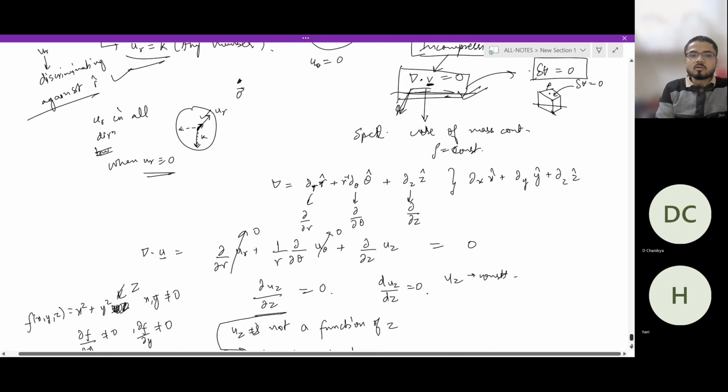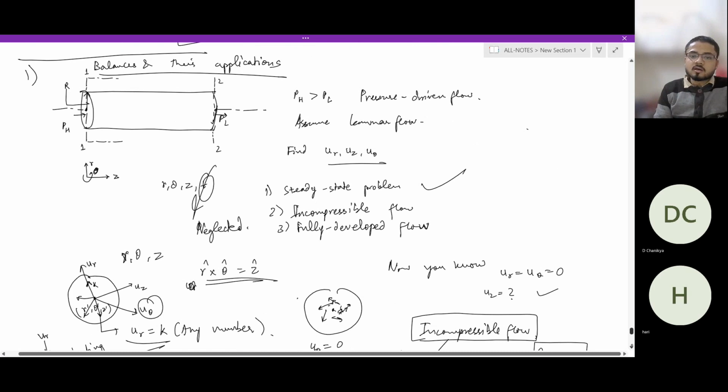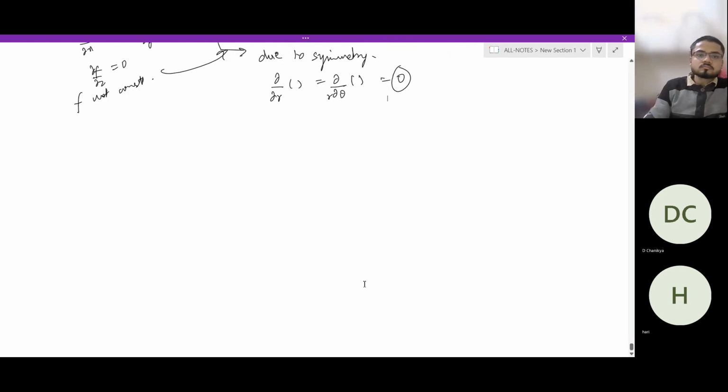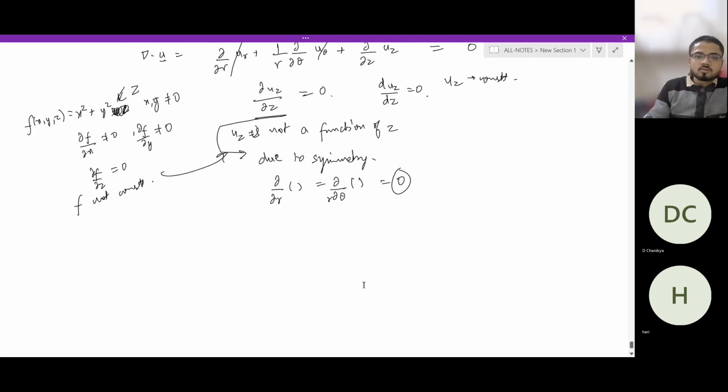How all these directions would be quarreling amongst themselves to claim that the components in their direction should be non-zero. So effectively, we'll be having 0. This is an intuitive concept, okay?